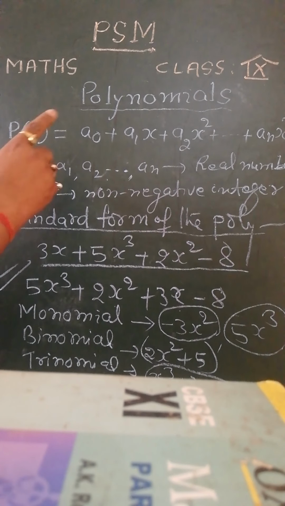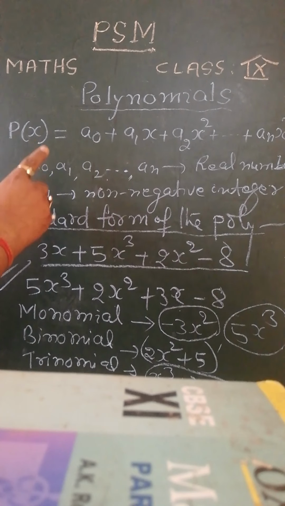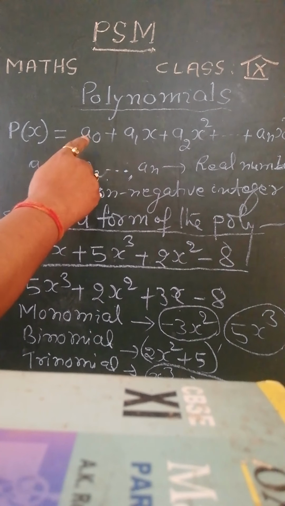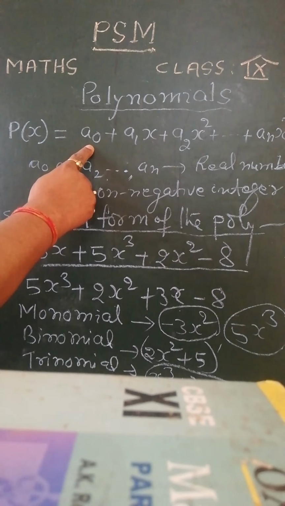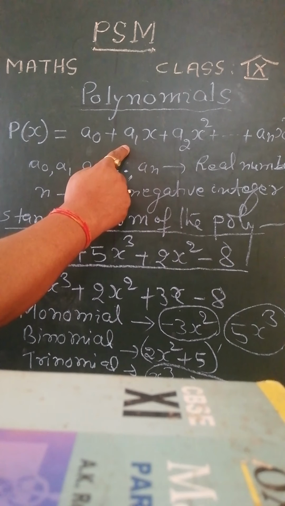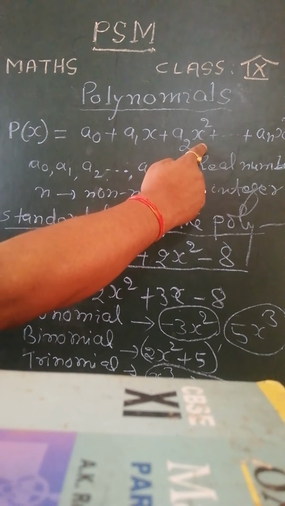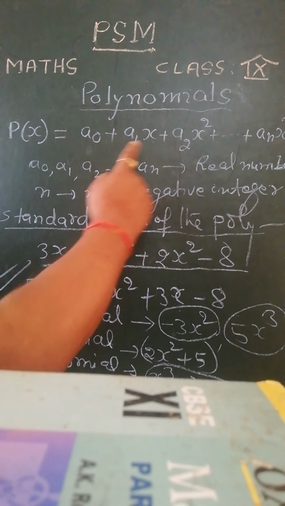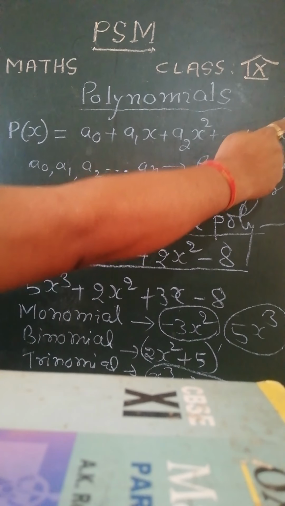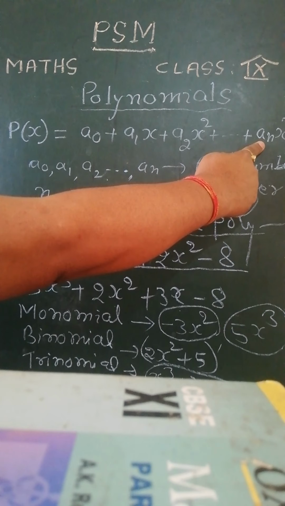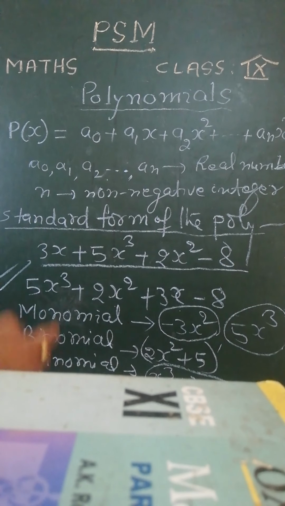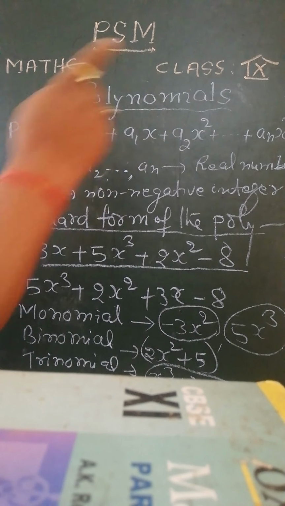So if the function is in this form, that is a0 is a constant number, a1x, here a1 is the coefficient of x, a2 is the coefficient of x square, similarly it will go up to x to the power n, where an is the coefficient of x to the power n, then this type of function is called a polynomial. This is a polynomial of degree n.